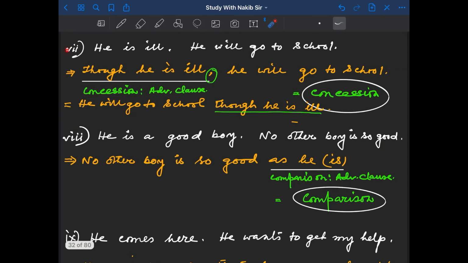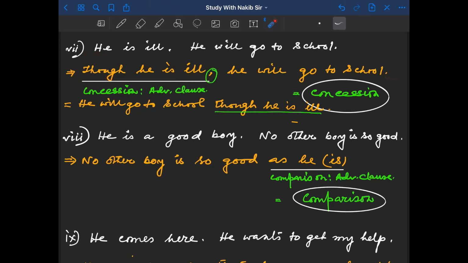Now this example, he is ill, he will go to school. See, he is ill and it is natural for him that he will not go to school, but here it is given that he will go to school. So it is a contrast, contradictory things. This is called a concession. When you get this type of contrast, use this though. So though he is ill, he will go to school.